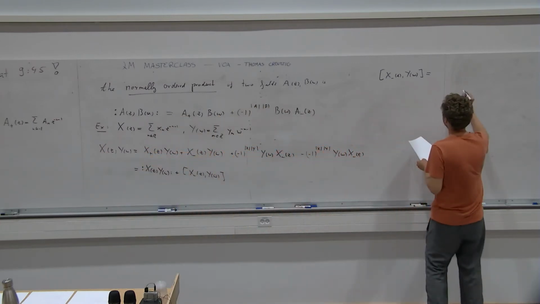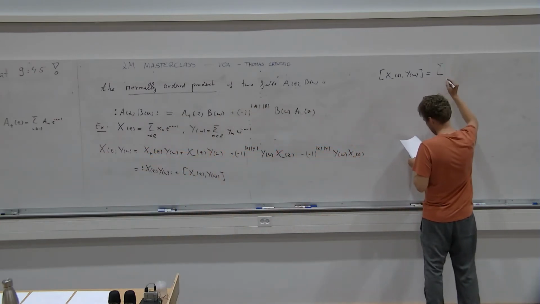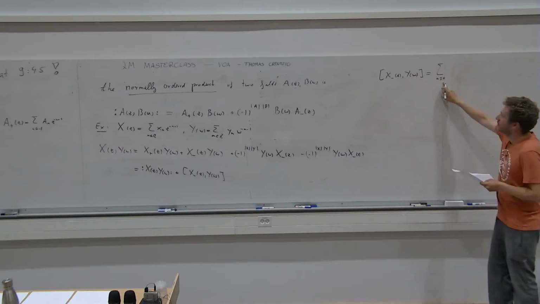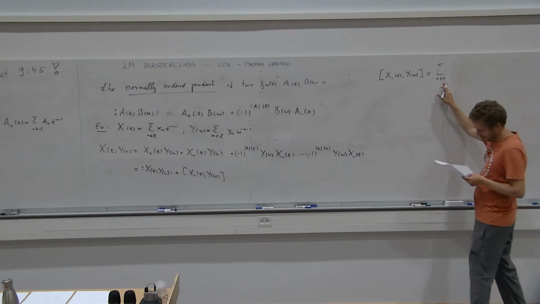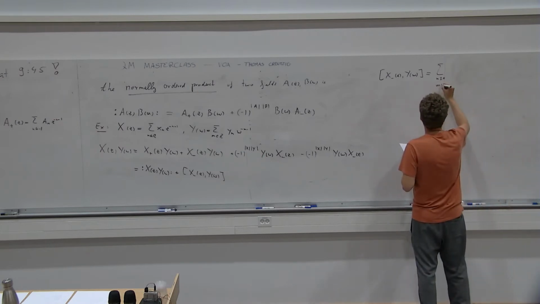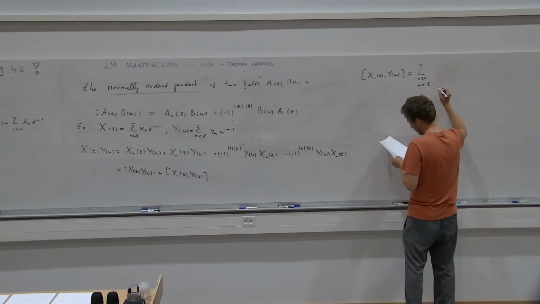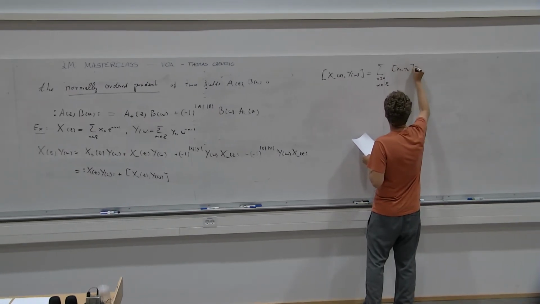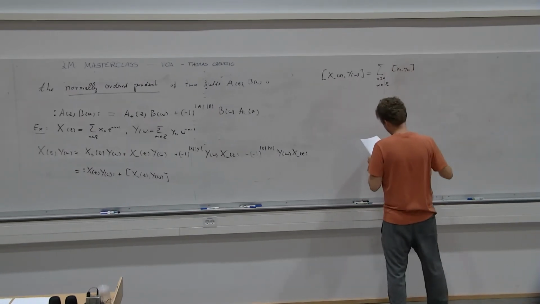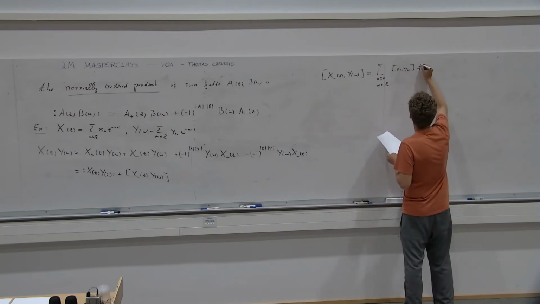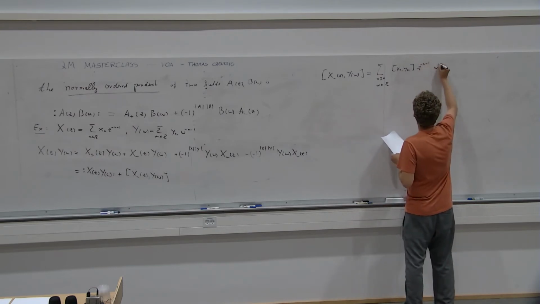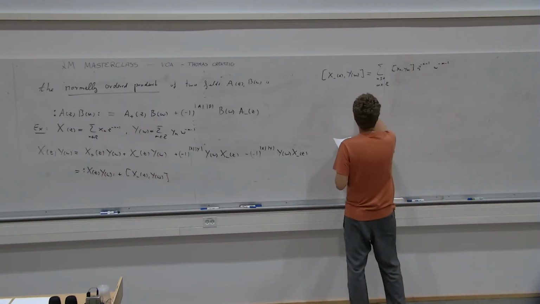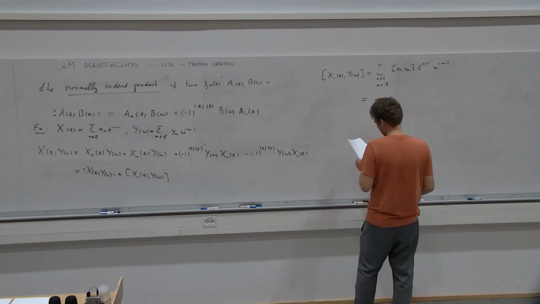Okay, so I just plug in what this is. The only difference to last lecture is that now I only sum over non-negative integers. The summation for y stays the same as before. Here the commutator of the two, and then I can plug in the expression.